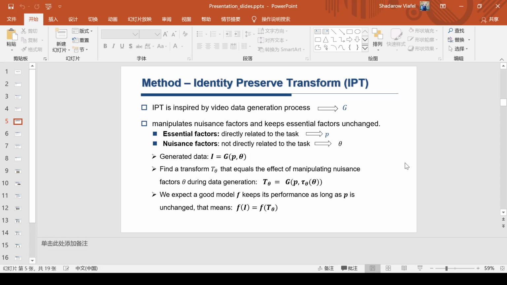If we denote the data generation process as function g, then the generated data can be expressed as I equals g(p, theta). Assume that we can find the transform T_theta that equals the effect of manipulating nuisance factors theta during data generation. We expect a good model can keep its performance as long as p remains the same, as expressed by this equation.